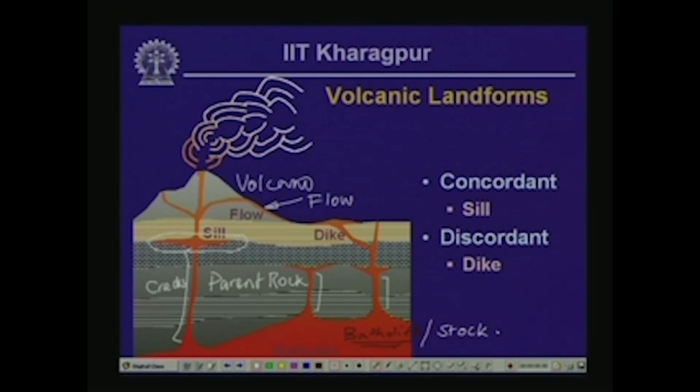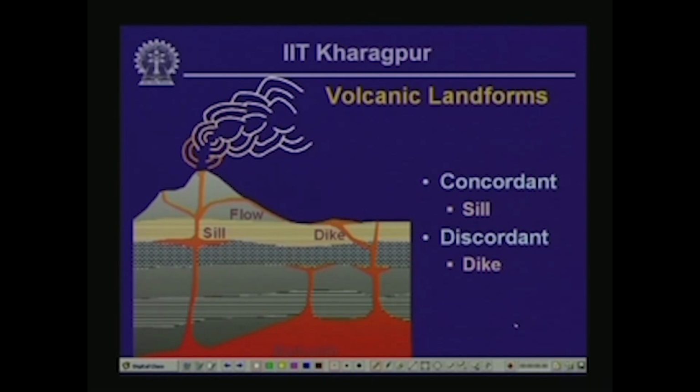Now, you need to distinguish between two types of volcanic landforms. There could be concordant landforms or there could be discordant landforms. If the dip of the volcanic body is more or less aligned with the dip of the parent rock, then the body is called a concordant body, otherwise it is called a discordant body.